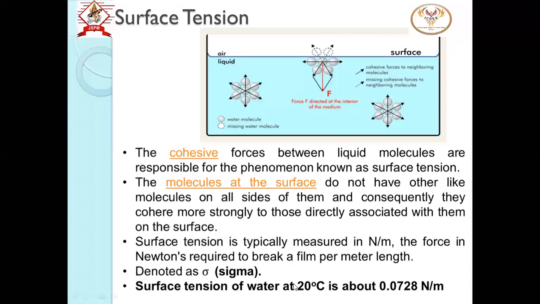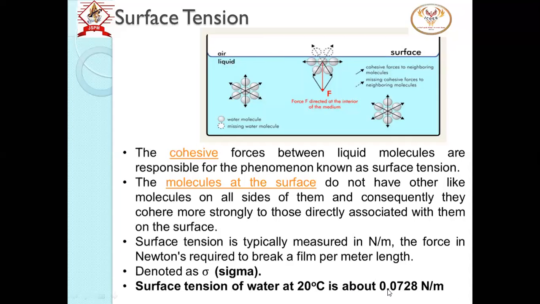So the surface tension of water at 20 degrees Celsius is about 0.0728 Newton per meter. Now 20 degrees Celsius means this is normal temperature. As the temperature increases, what will happen to this film? The molecules get separated, and therefore the film will break and the tension will be less.